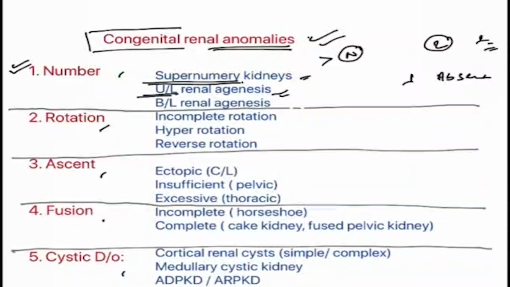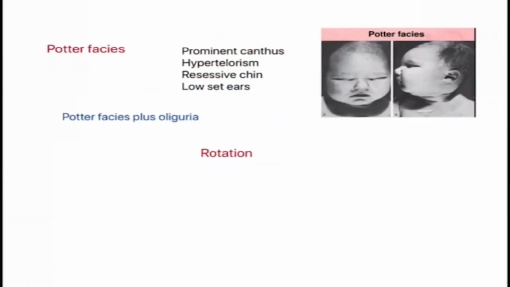When one kidney is absent, then it is unilateral renal agenesis, and when both side kidneys are absent, then it is bilateral renal agenesis, and bilateral renal agenesis is incompatible with life.